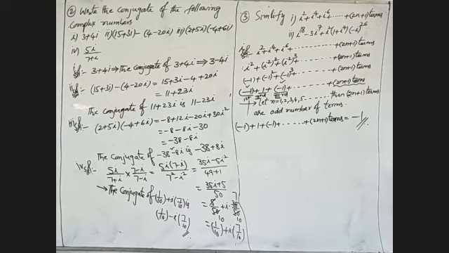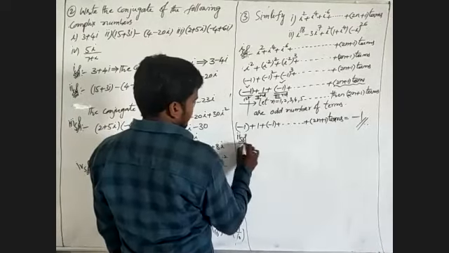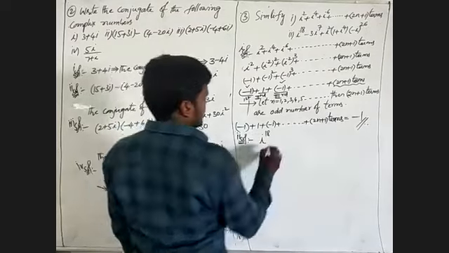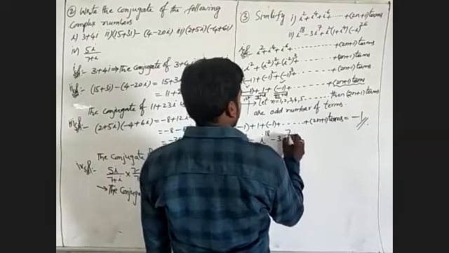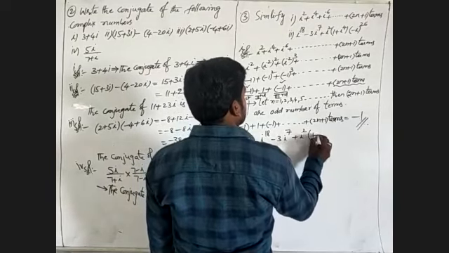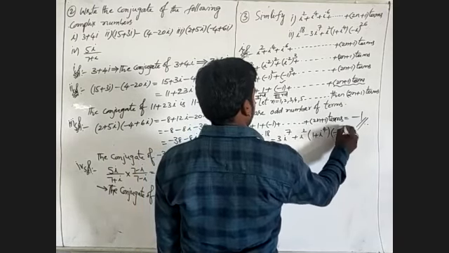Okay, now I am going to the second one, that is i power 18 minus 3 into i power 7 plus i square into 1 plus i power 4 into minus i whole power 26.